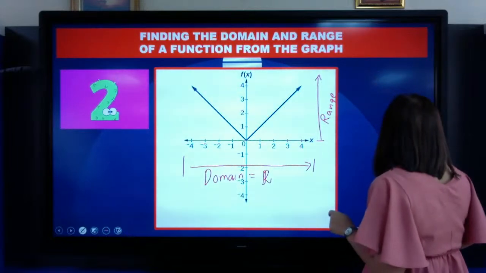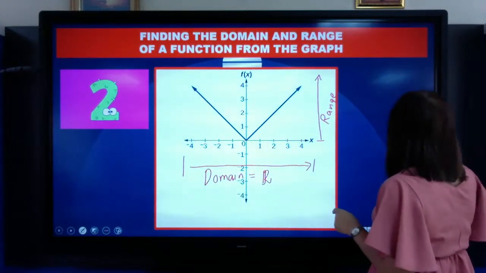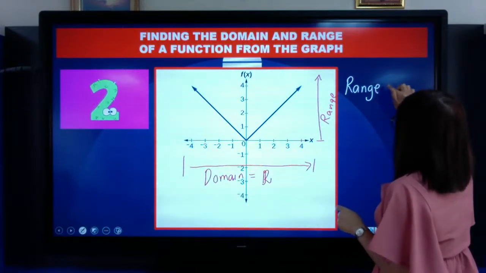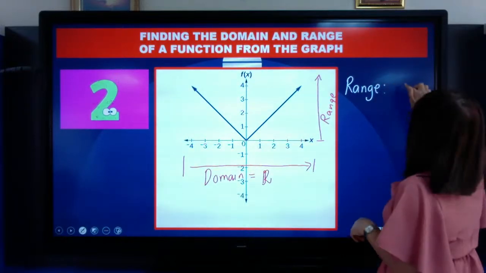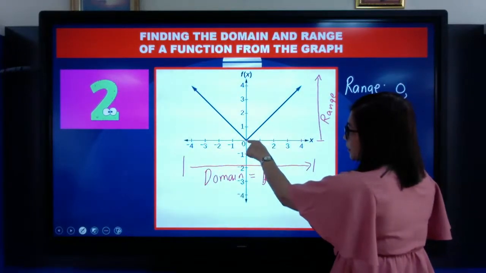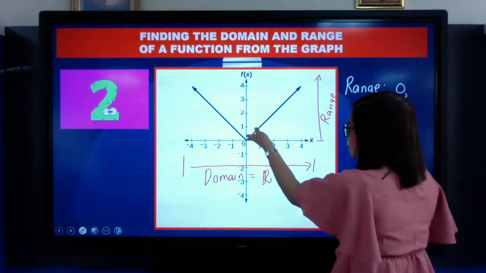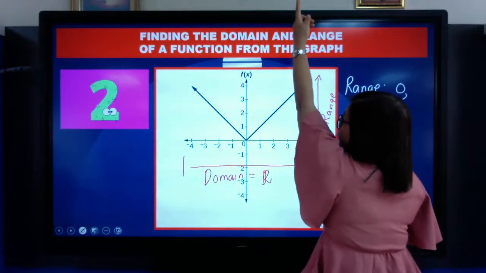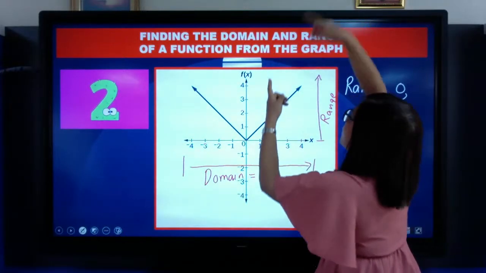How do you write the range, students? The lowest is 0. The highest is, we don't know. Go up, up, up, up until the ceiling and so on and so forth.